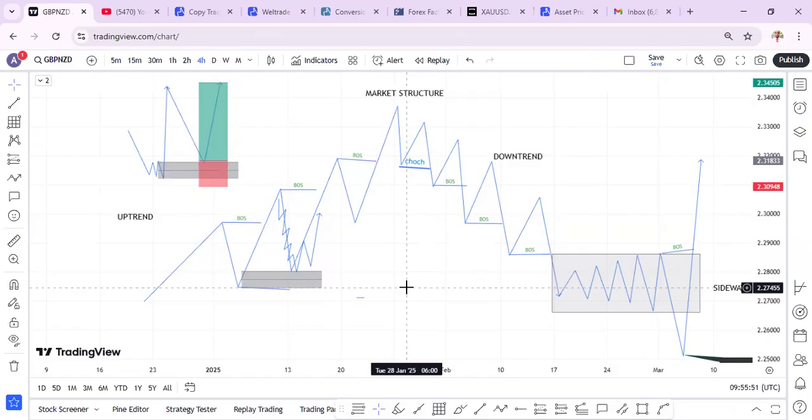That fair value gap is the one that makes that demand, that order block, valid. It's the fuel, it's a magnet. The fair value gap is a magnet that will draw price to that demand or order block. So just concentrate more on trading from demand and supply, which is the order block that breaks the structure.